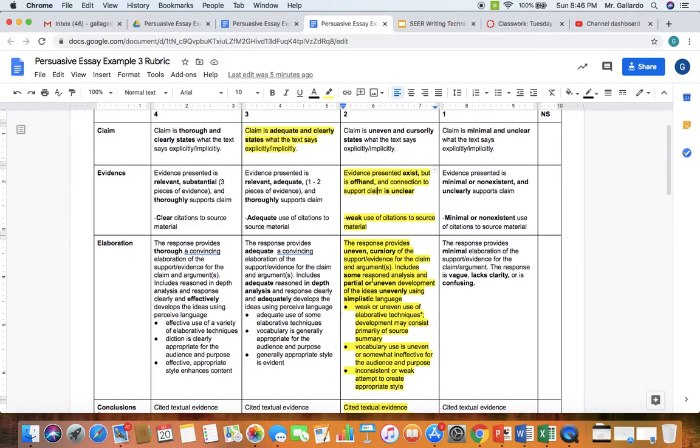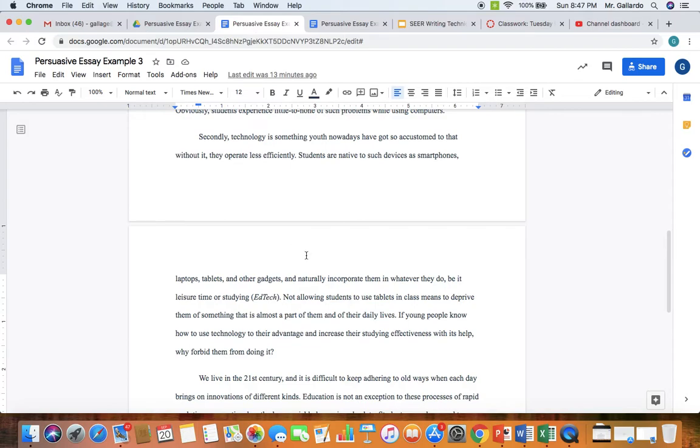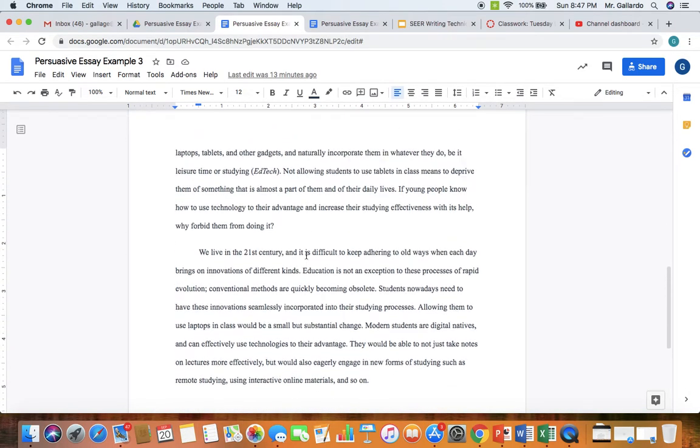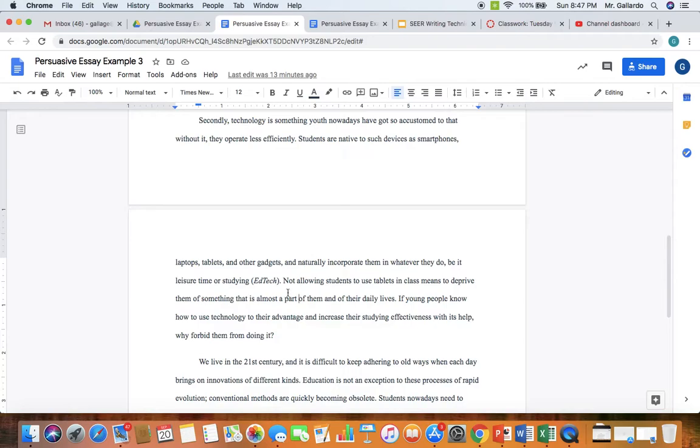Now the elaboration is a 2 in here. And I was about to give it a 1, but the reason why it gets a 2 and not a 1 is because, for example, in here, this sentence, which is the evidence, speaks about how the use of tablets and technology is part of a daily life for many of the younger generations.